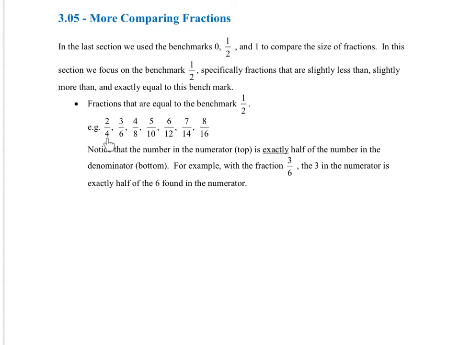So if you look at this, half of 4 is 2, half of 6 is 3, half of 8 is 4, half of 10 is 5, and so on. So you want to know exactly what the halfway point is, and if it's an even number, you just divide that number by 2, and it tells you what the exact halfway point is. So that's your starting point.